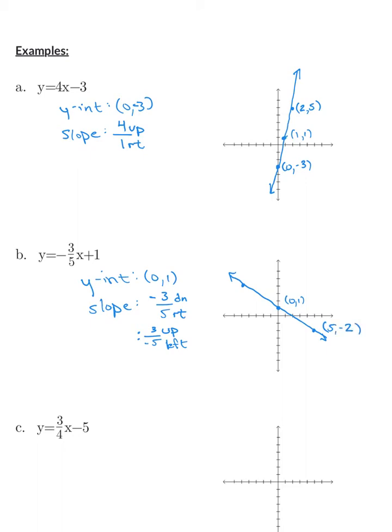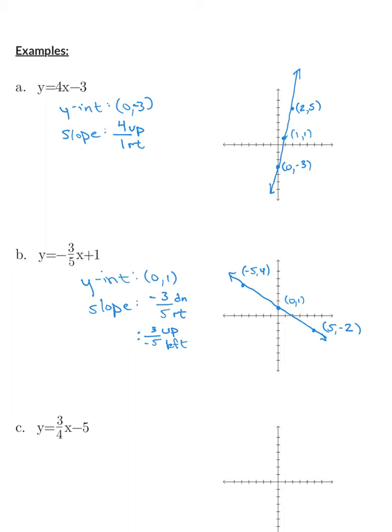To get my top point from the origin, I want to go 1, 2, 3, 4, 5 to the left, and 1, 2, 3, 4 up. And so this point is going to be -5, 4.